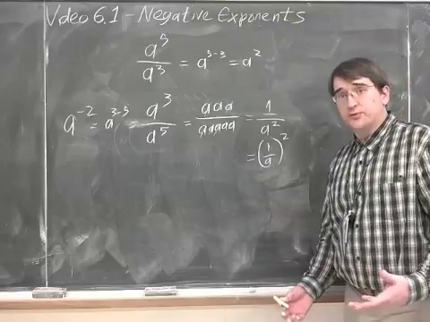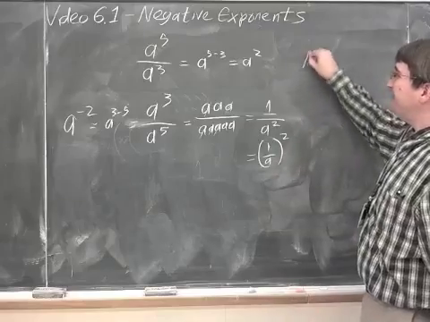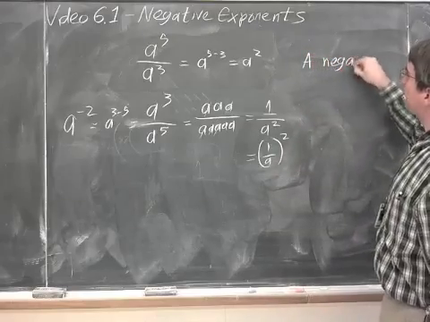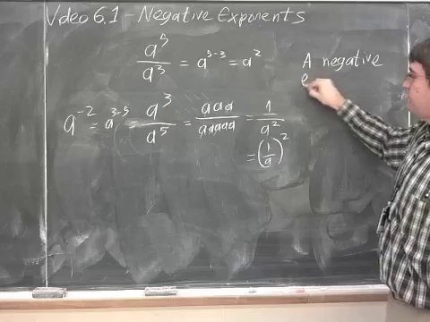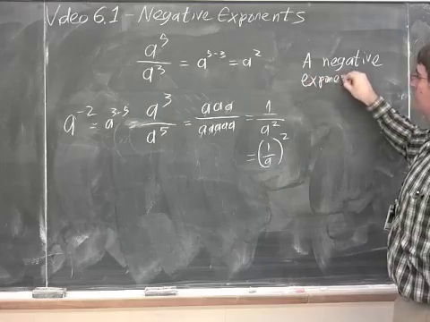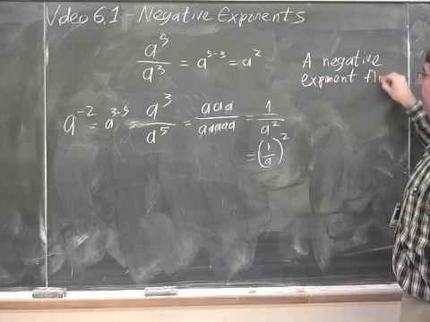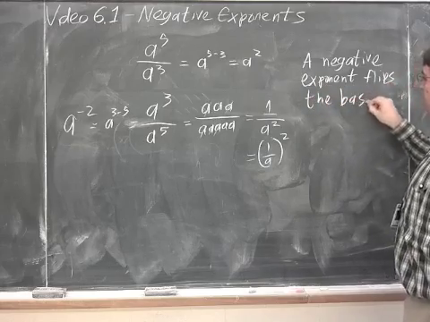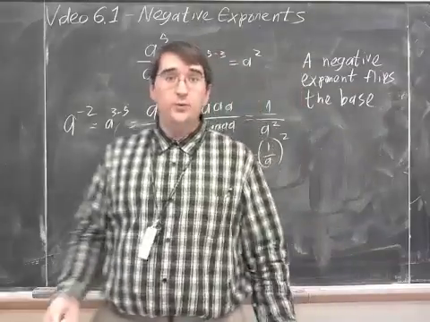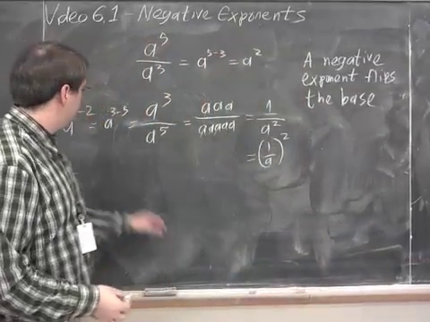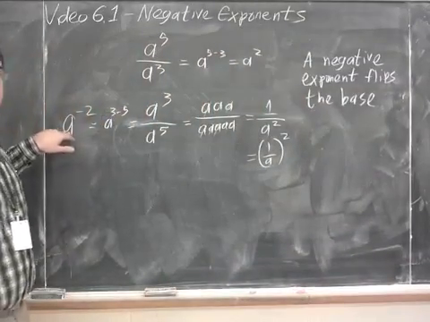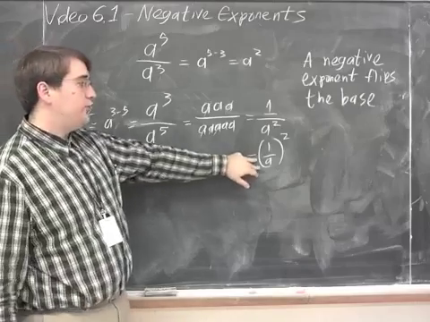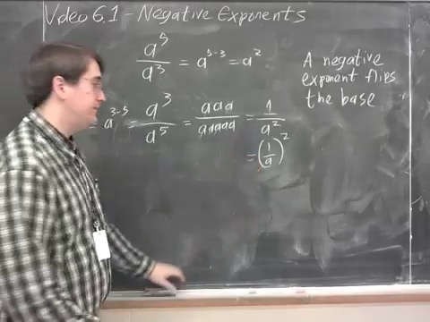And so my rule, then, is that a negative exponent flips the base. We take the reciprocal of the base, whatever the base is. So a to the negative 2 is equal to 1 over a to the power of positive 2.